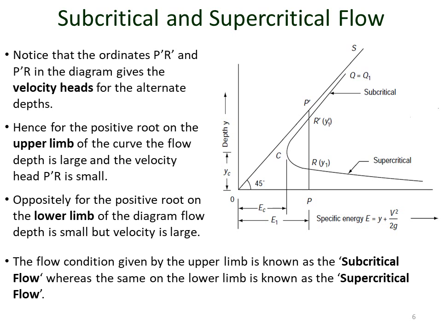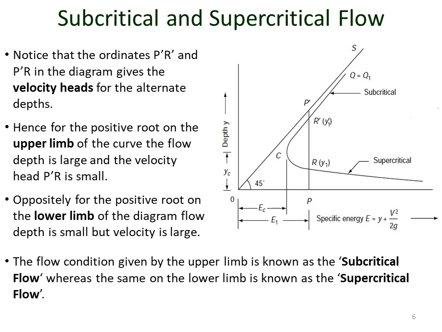Now, as we mentioned before, the line given by OS represents the line on which specific energy equals the flow depth, or E equals Y. You can deduce that by noting the two ordinates P prime R prime and P prime R, these two ordinates give the velocity heads for the corresponding alternate depths, and this is very important.